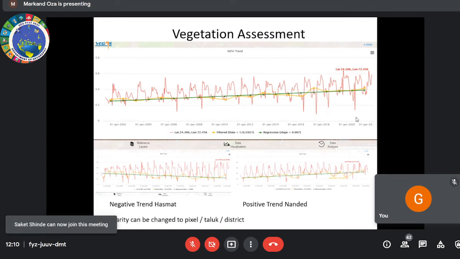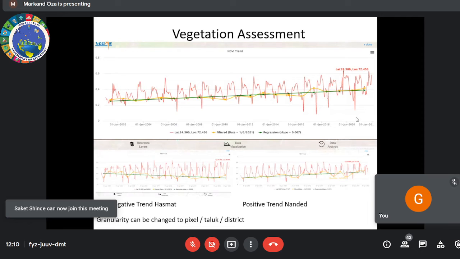Why May? Because generally, May is the pre-monsoon season, probably the driest of all, and if there is a moisture deficit, then it will be reflected. So, pre-monsoon is the best season as far as knowing long-term condition is concerned.